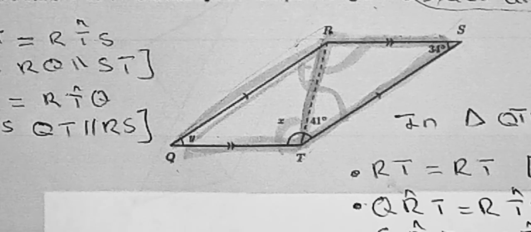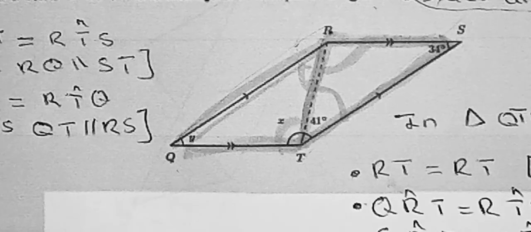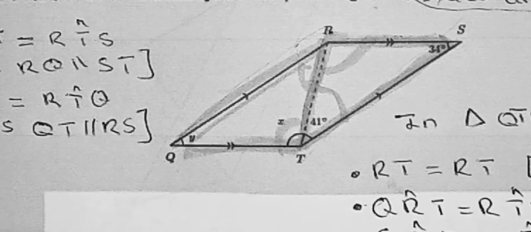This question says find the value of y. As you can see, this Q is equal to this S, and then this is our y inside. So we're in a parallelogram.